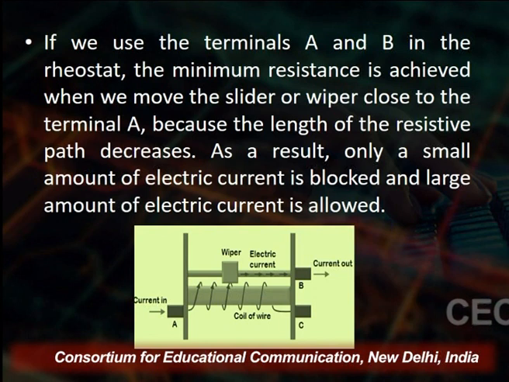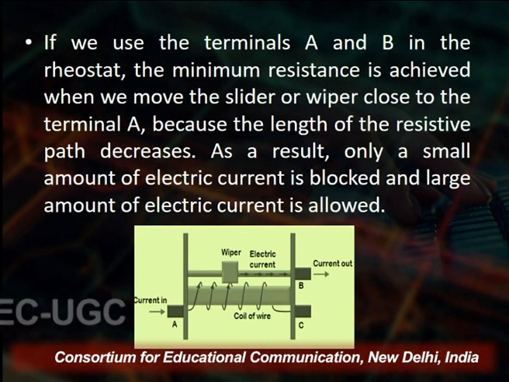As we move towards the right hand side towards C, we get more resistance, because the length of the resistive path decreases as we keep it near A. In this case the length is less.